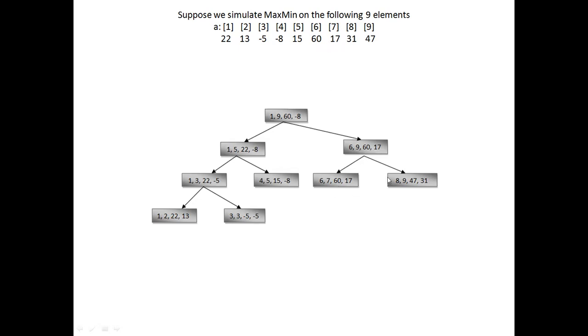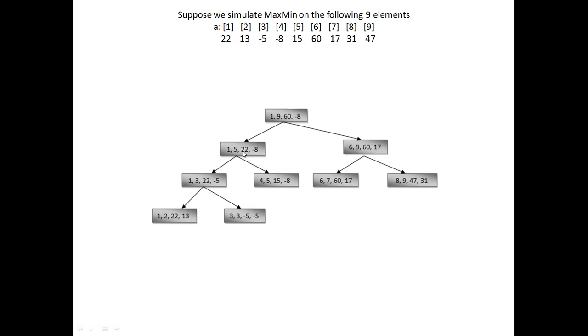Similarly, 8 and 9. Which is bigger? 47 is bigger and 31 is smaller. Now compare 60 with 47. You will find 60 is bigger, that is written here. 17 is compared with 31, which is smaller? 17 is smaller, that is written here. So I have found the biggest and smallest of the first half, and the biggest and smallest of the second half.